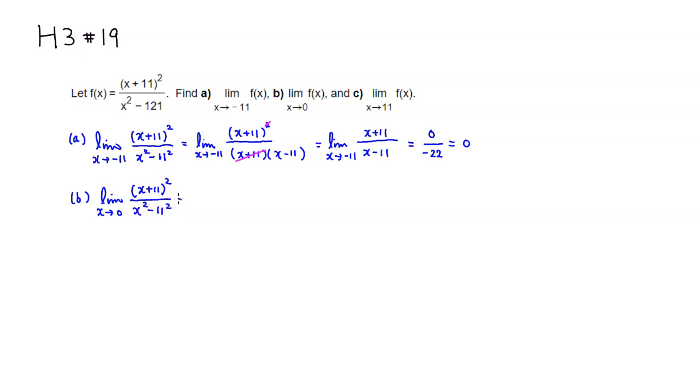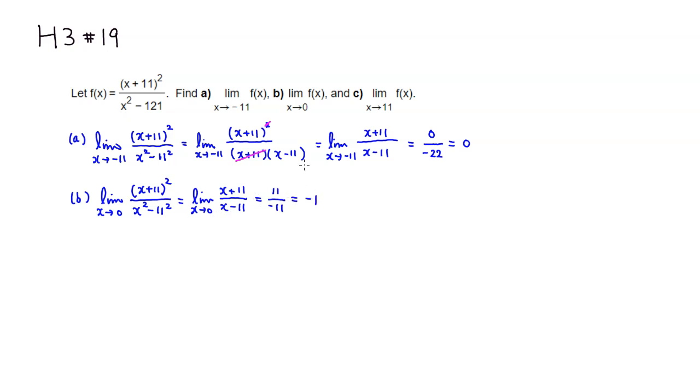This can be simplified exactly the same way as part A. It's just that x is now approaching 0, and it's still x plus 11 over x minus 11, just like we had up here. Then we can just plug it in. If you put 0, you have 11 on top and negative 11 on the bottom, which gives us negative 1.